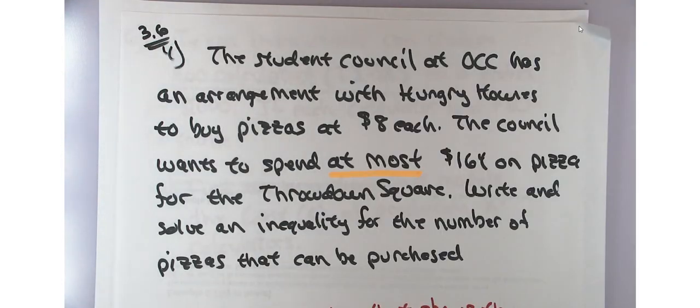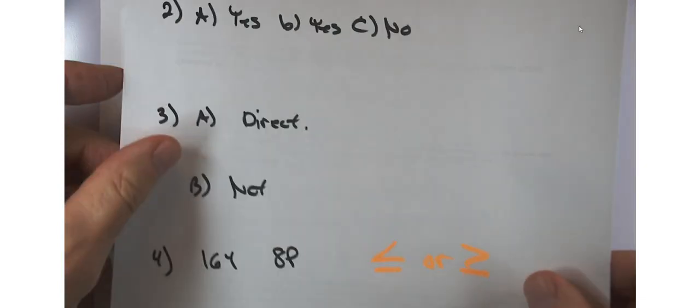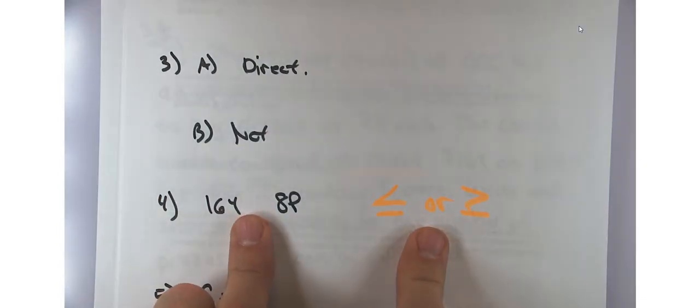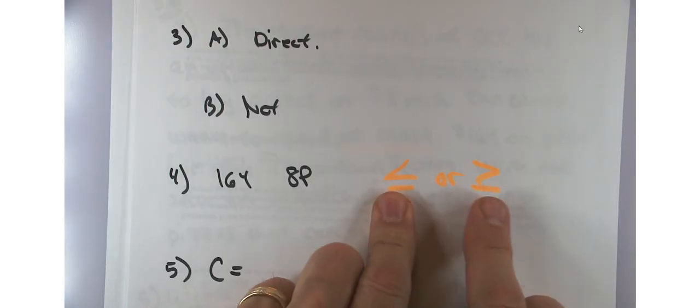But you want to make sure that you're spending at most 164. So which inequality guarantees that your cost is going to be at most 164? Do I want to write the less than or equal to or the greater than or equal to?